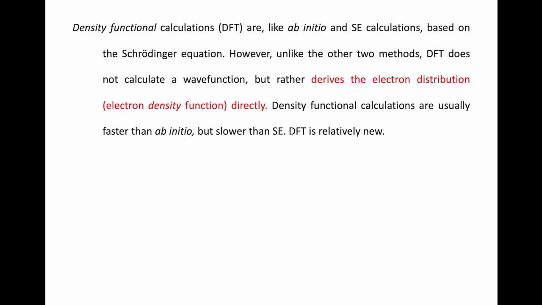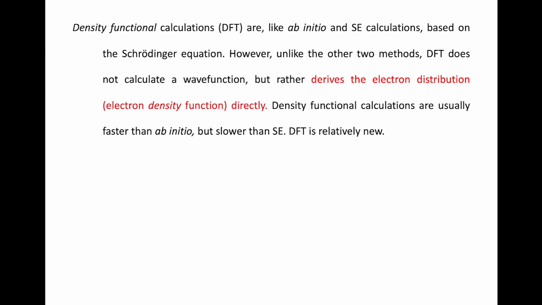Then the next method is density functional calculation. In this method also, the calculations are based on the Schrodinger equation like ab initio and semi-empirical calculations. However, unlike the other two methods, DFT does not calculate a wave function but rather derives the electron distribution directly.